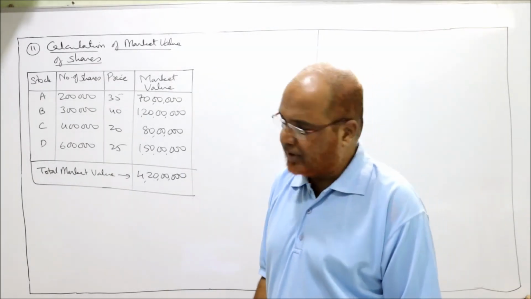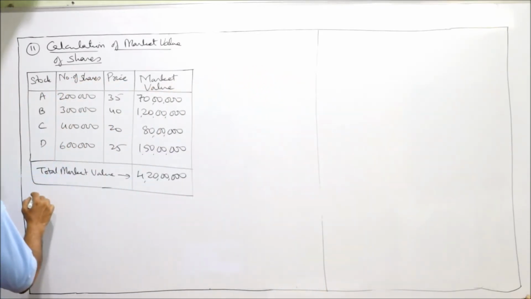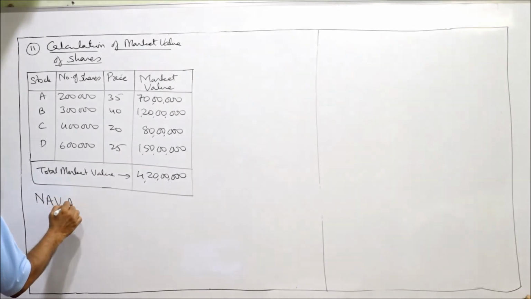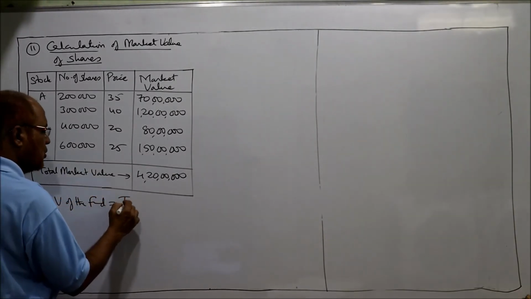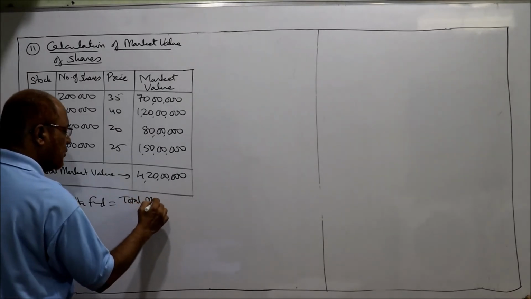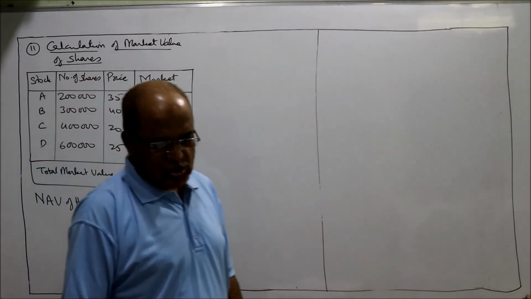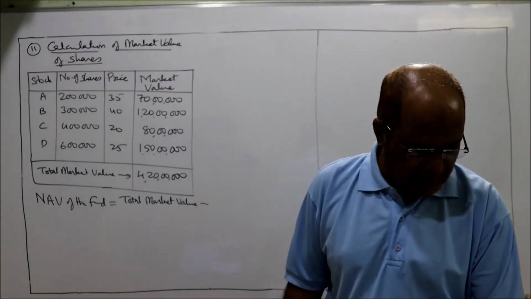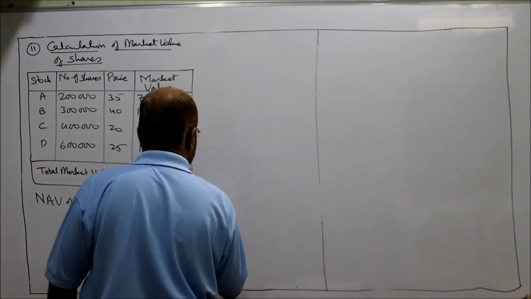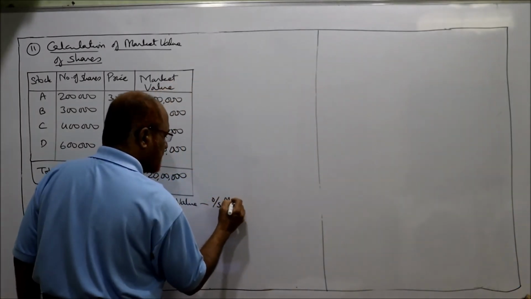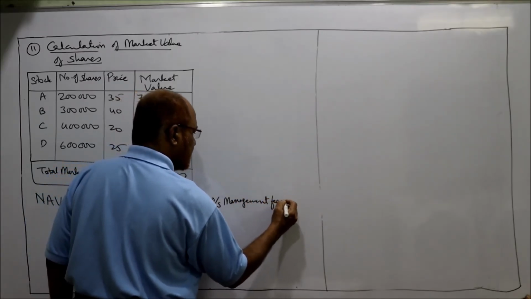Now NAV of the fund is equal to total market value minus outstanding liabilities, divided by number of units outstanding. The fund has accrued management fees. Outstanding management fees, this is a liability.